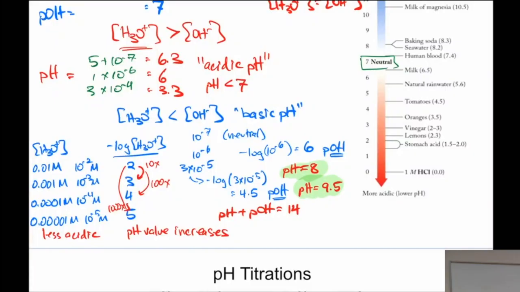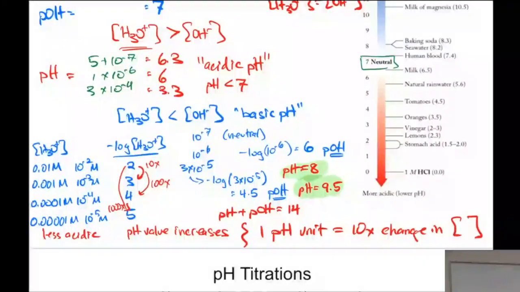So every one increase in pH unit is really a 10-fold change in the concentration. So that's another thing to remember. One pH unit is equal to a 10-fold change in concentration. Okay?